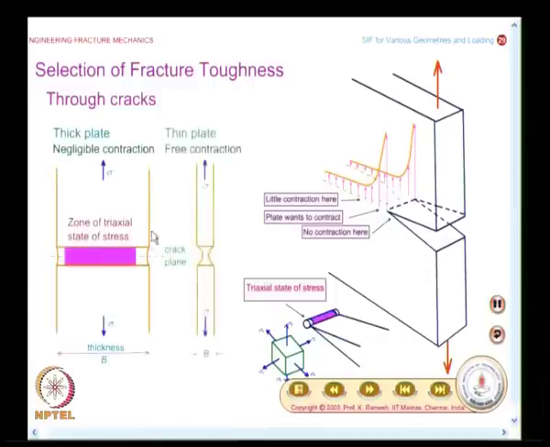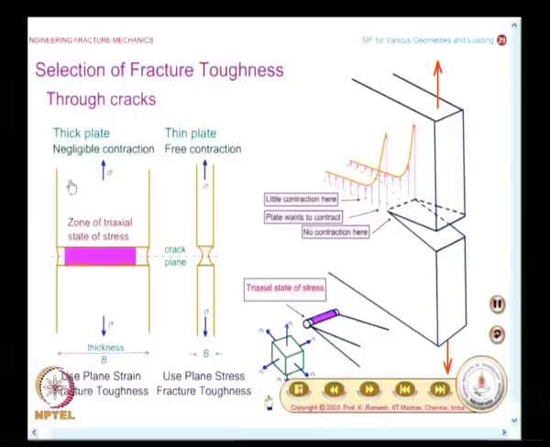And that is what is depicted for a thick plate and for a thin plate, and you can make a neat sketch of this. So, in a thick plate, leaving the surfaces, the zone interior to that will be in a triaxial state of stress.